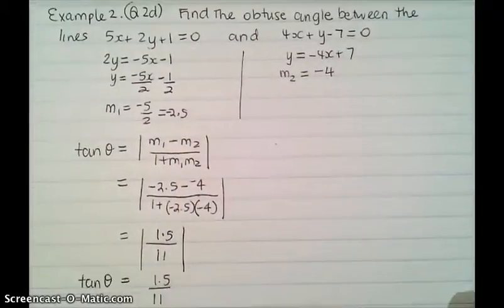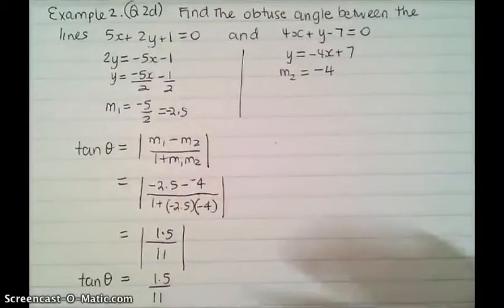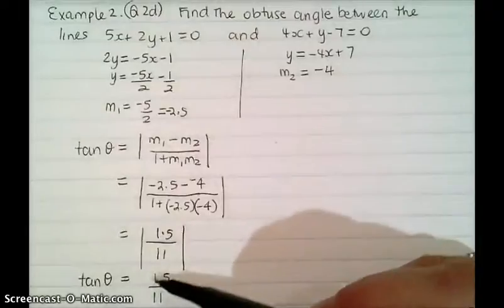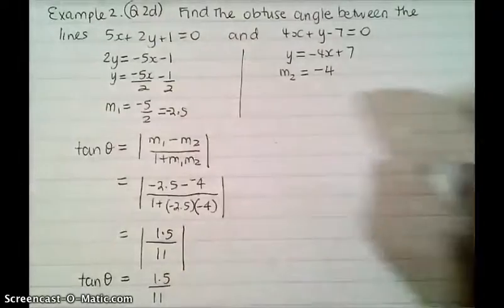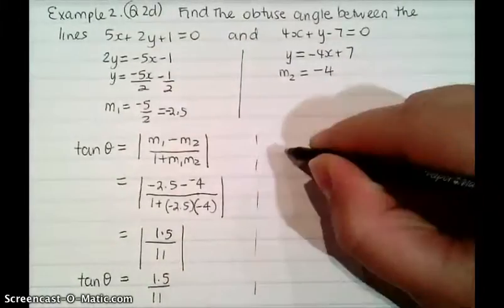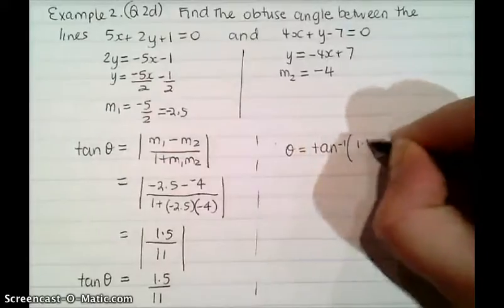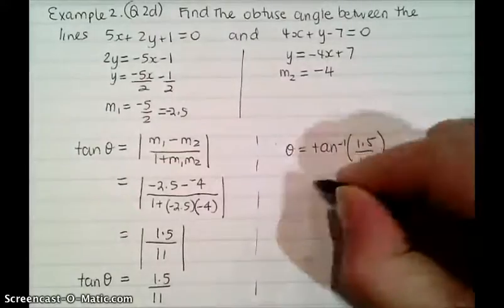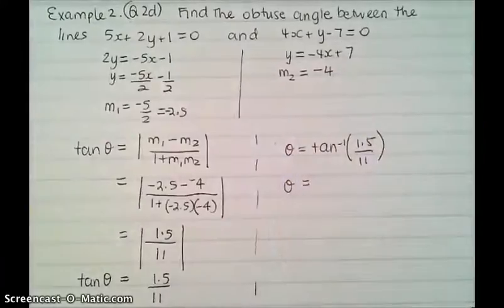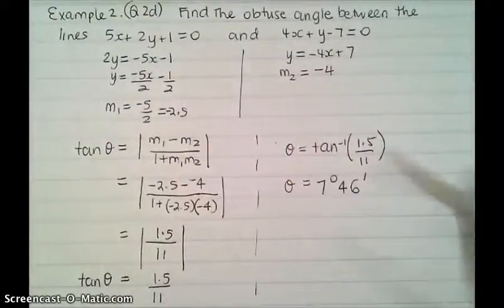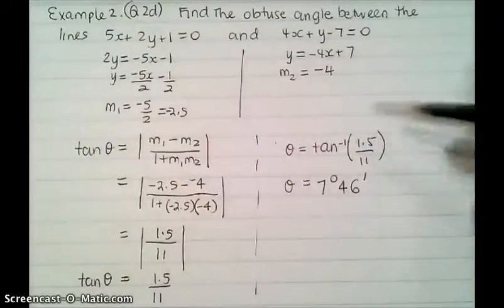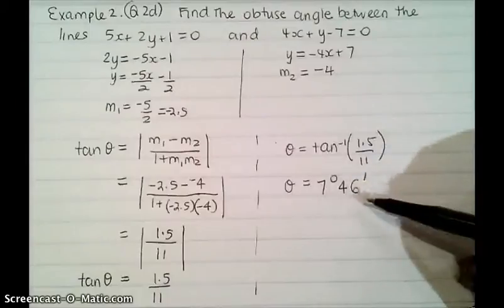And so taking the absolute value of that, tan theta is 1.5 over 11. And to work out the angle, theta is tan to the minus 1 of 1.5 over 11, and you can work that out on your calculator, and I'll just do that now. If you do that, tan to the minus 1 of 1.5 over 11, you'll get theta is 7 degrees 46 minutes.